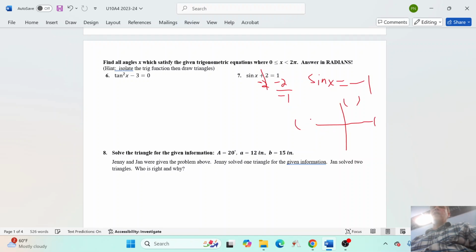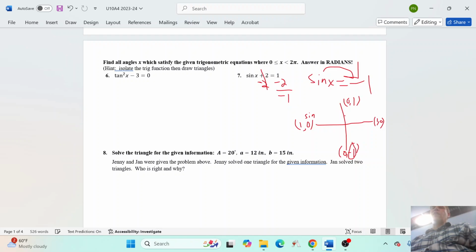Sine equals 0 there. That's sine. So where is it negative 1? That's positive 1. This is 1, 0. I want to know where sine is negative 1. So sine is actually negative 1 down here.